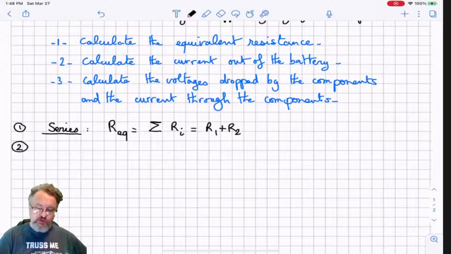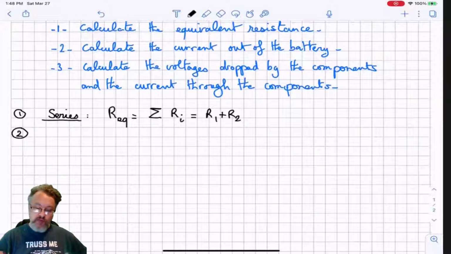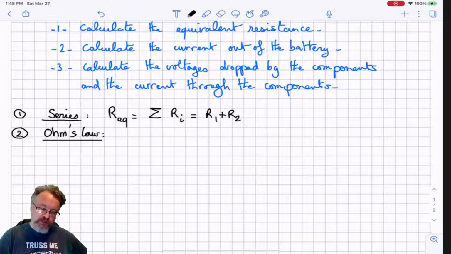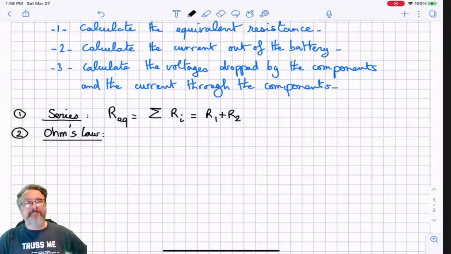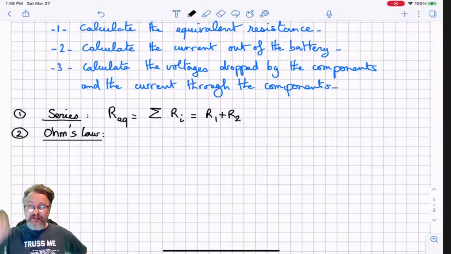For part 2, calculate the current out of the battery. Well, for this, we need to use something called Ohm's Law. Okay, so Ohm's Law is probably the most important electrical law when we do circuit analysis. Okay, there are others, but this is the first one and it's very fundamental.